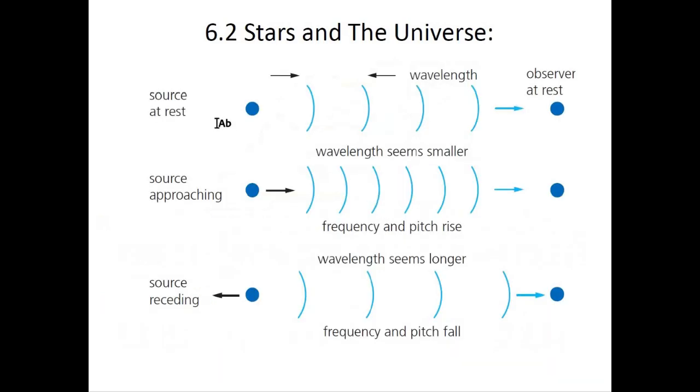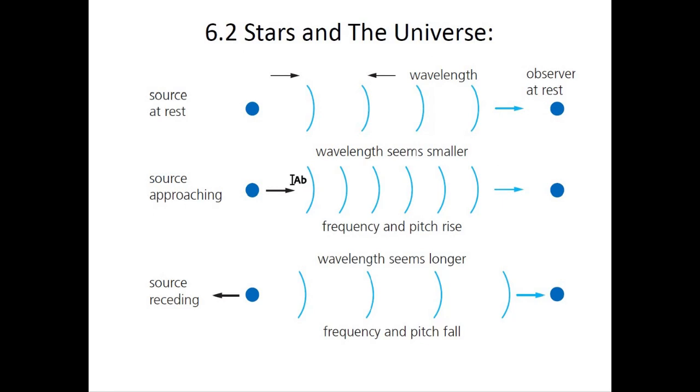Here's another image to make you better understand the concept of redshift. If a source is at rest and the observer is also at rest, then you would see steady wavelengths.